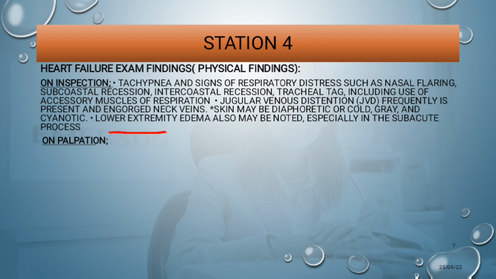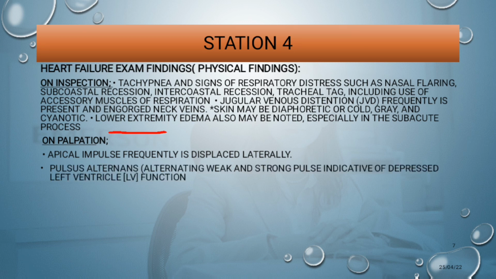Then on palpation, the apical impulse is frequently displaced laterally. Okay. Then you can also palpate for the presence of pulsus alternans, which is alternating weak and strong pulse, which is indicative of depressed left ventricular function.